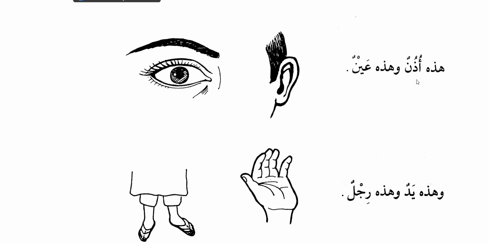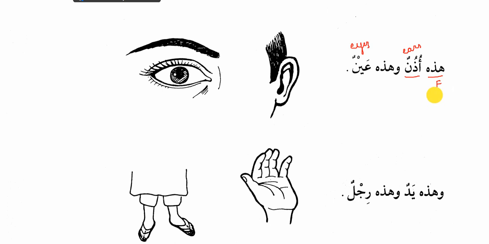Hadhihi udhunun. Now here you can see ismul ishara feminine is being used for udhun, meaning ears. Ears are in pairs, that's why feminine hadhihi ismul ishara is used. And hadhihi ainun, ain is eyes, a pair of eyes. So this is in pairs.